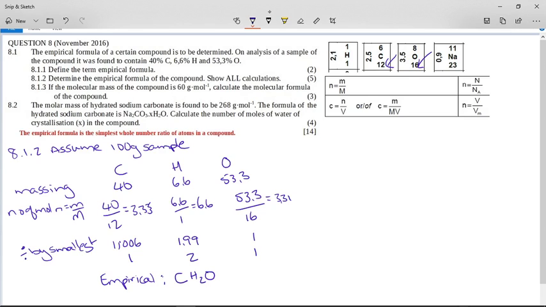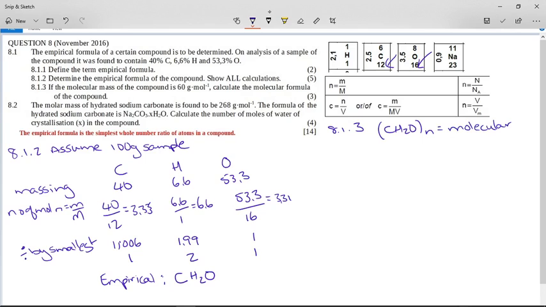Now it says to you in 8.1.3, if the molecular mass of the compound is 60 grams per mole, calculate the molecular formula of the compound. Remember, this empirical formula, CH2O, is the most basic formula. It's actually multiplied by some number n to give you the molecular formula.